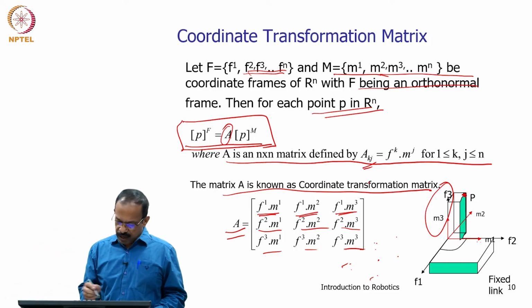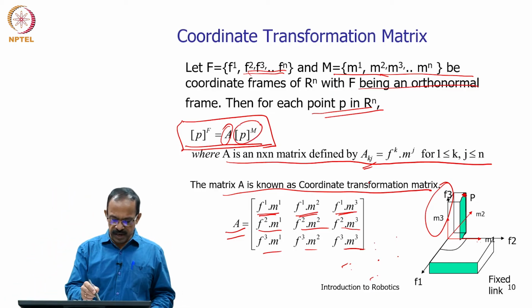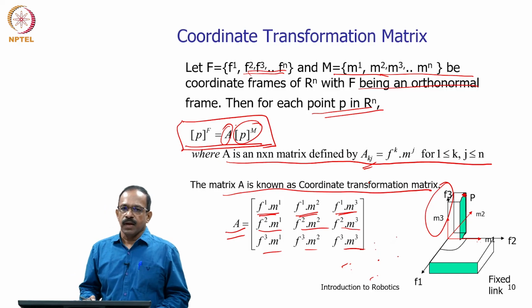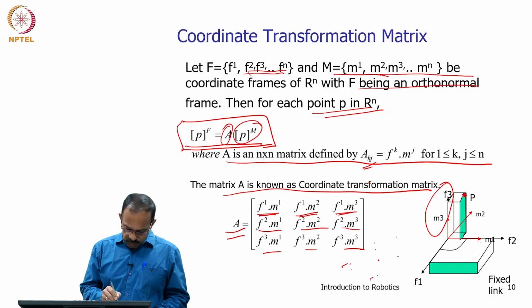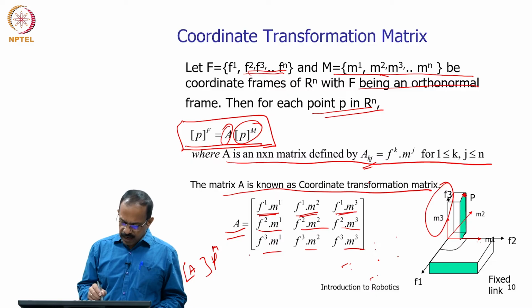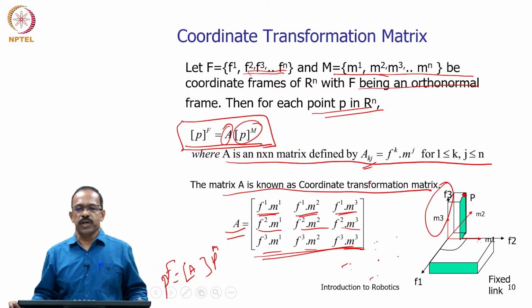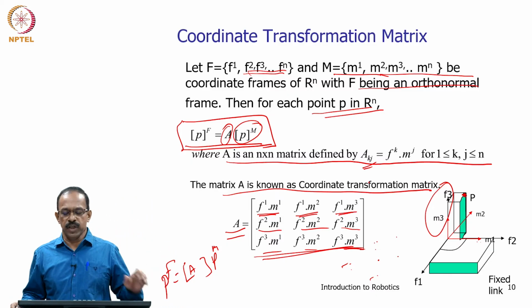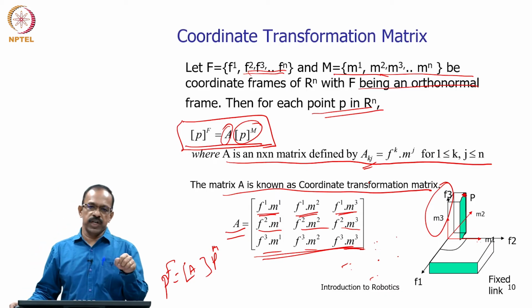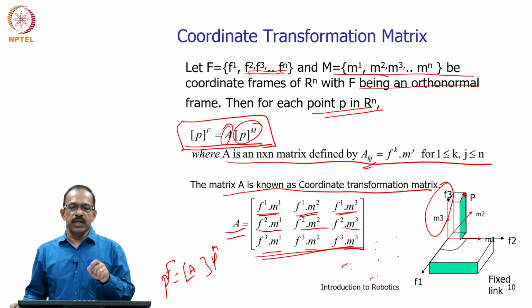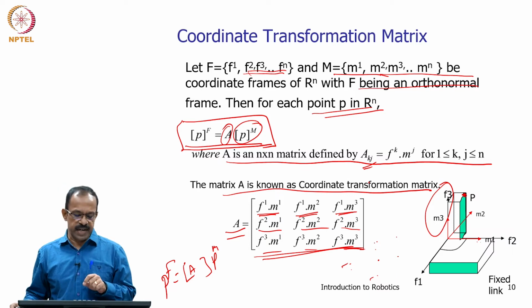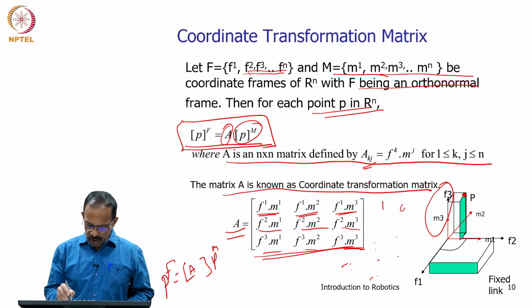Now, if you know the point P in mobile frame and you want to find out Pf, what you need to know is what is A, and this A depends on how it is rotating with respect to the fixed frame, how the coordinate frames are aligned. If the coordinate frames are aligned, both F1 and M1, F2 M2 and F3 M3, then this will be 1 0 0, 0 1 0, 0 0 1.